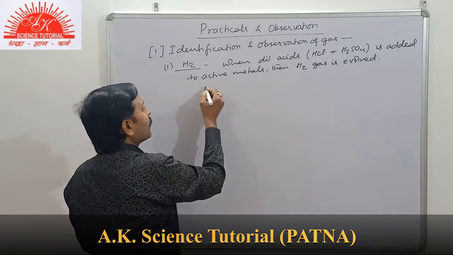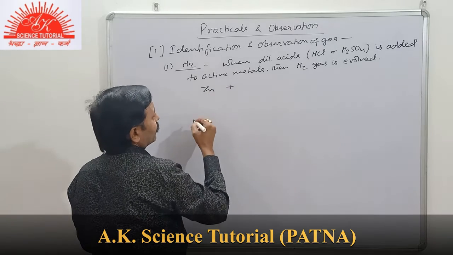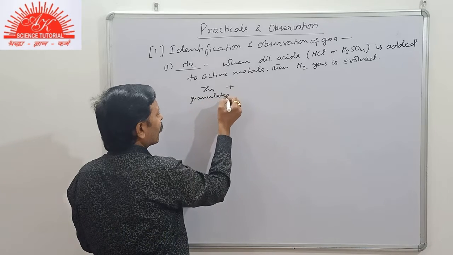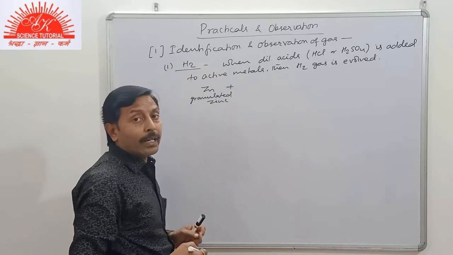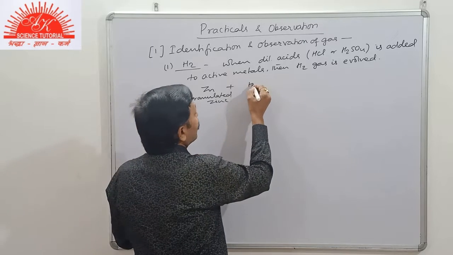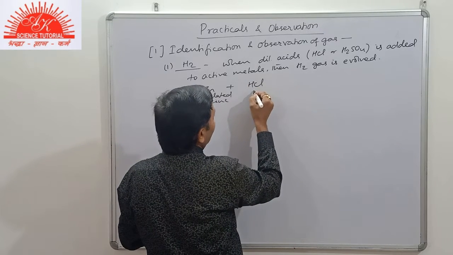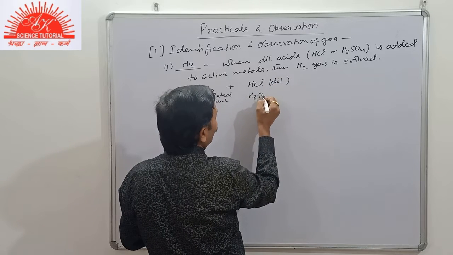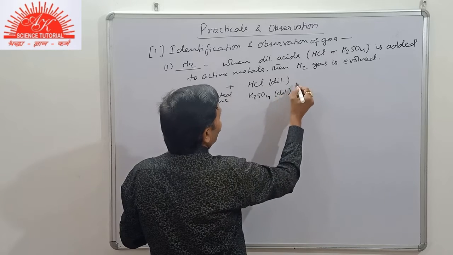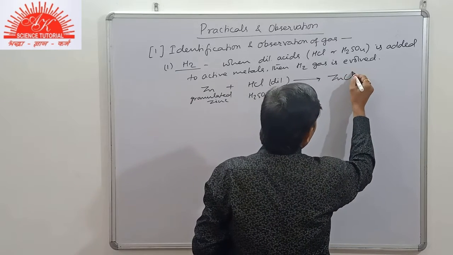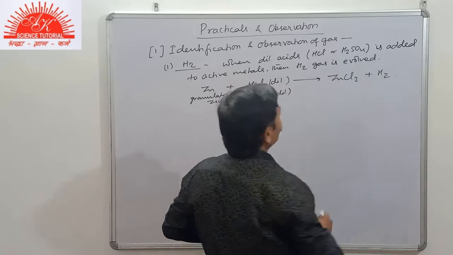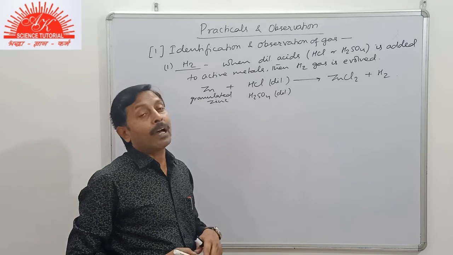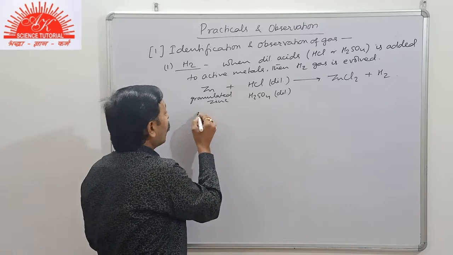Like you see, suppose we take zinc, granulated zinc, we write here granulated zinc, or also write zinc granules. Suppose we take dilute HCl or dilute H2SO4, then the product will be ZnCl2 plus H2. Now, how will you identify it? What will be your observations?